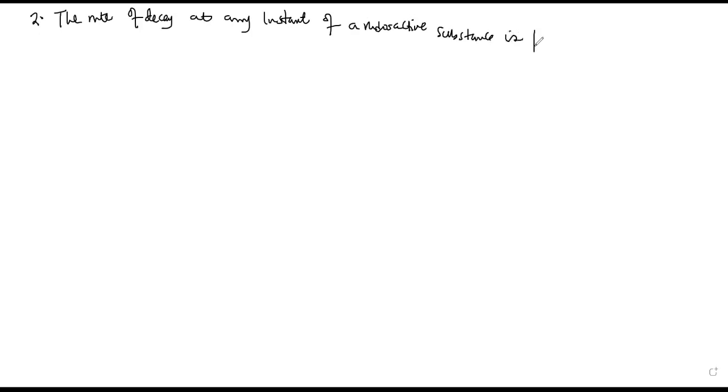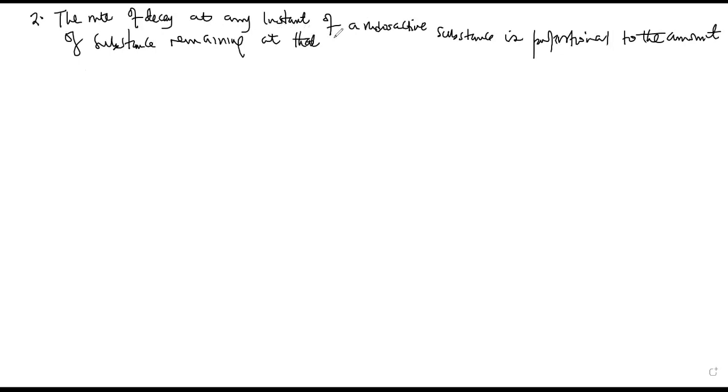So number 2, the rate of decay at any instant of a radioactive substance is proportional to the amount of substance remaining at that instant.